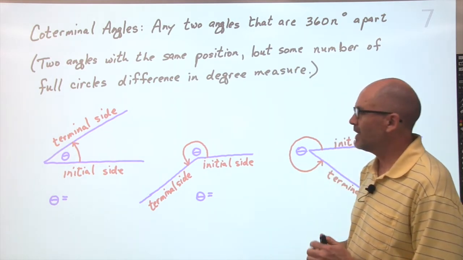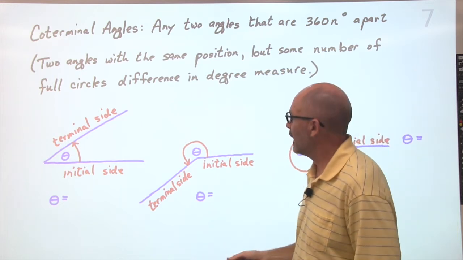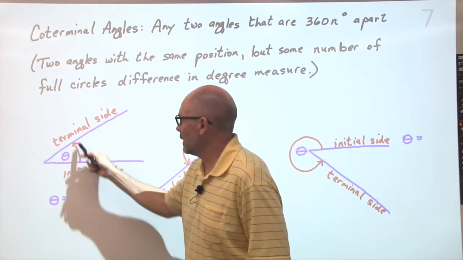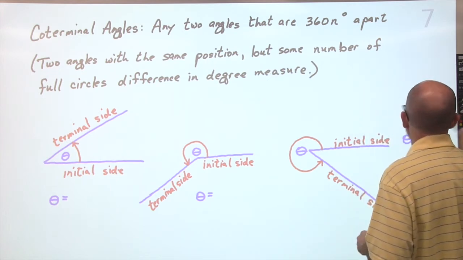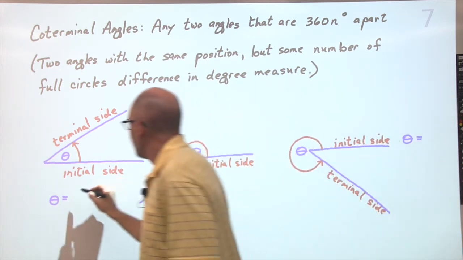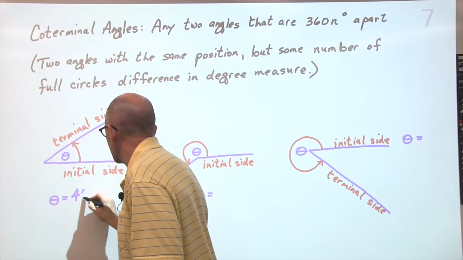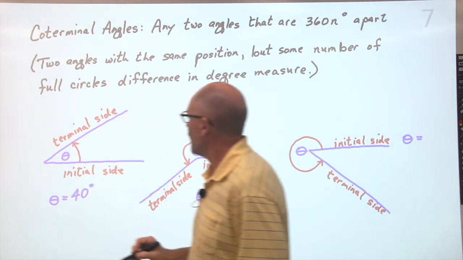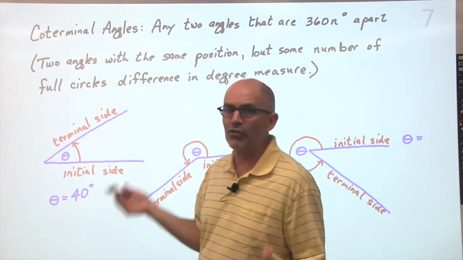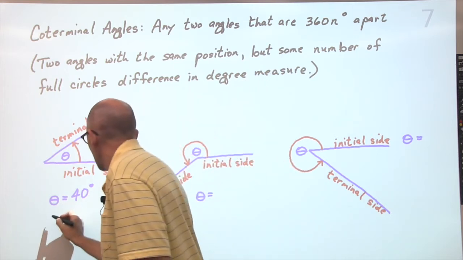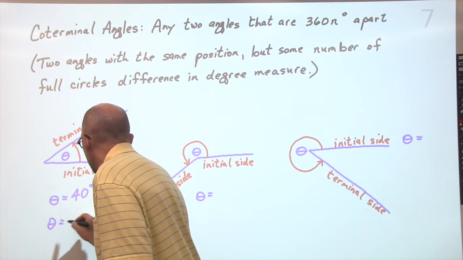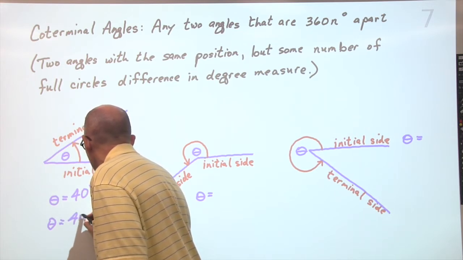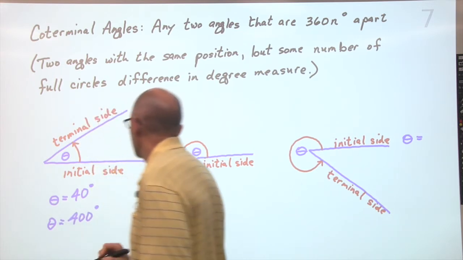All right, let's say we have this angle 40 degrees. Okay, so theta is 40 degrees. Now if I want the coterminal angle to that, then that means I could just add 360. So theta could also equal 360 plus 40, which is 400 degrees.